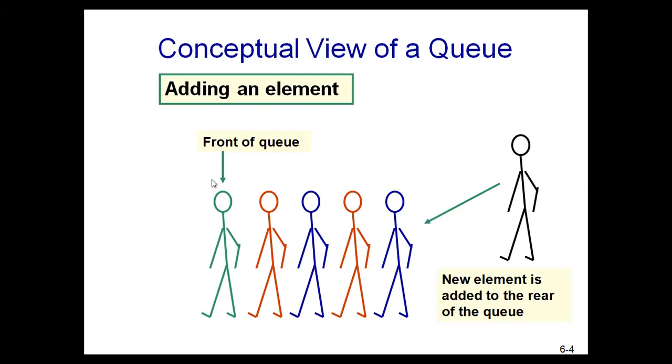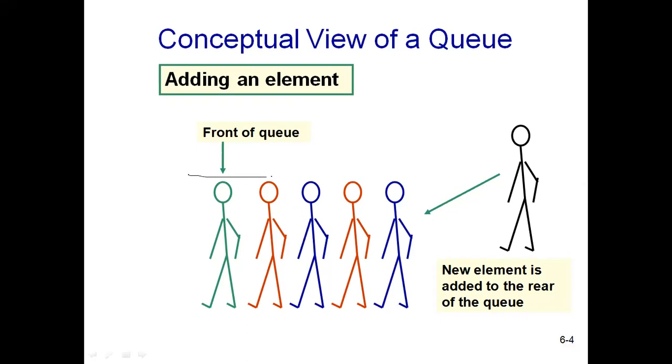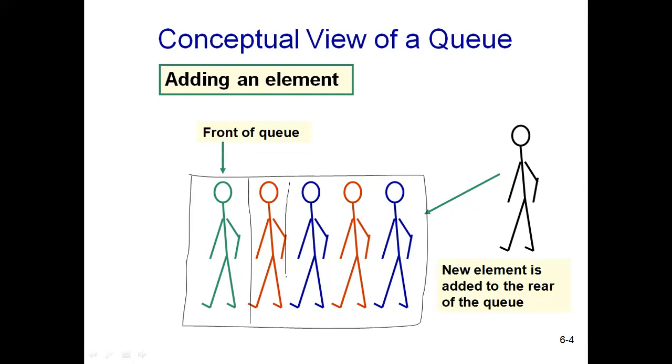Let us assume that this is a queue containing these elements. This is the front side of the queue, and this is the rear side, the back side of the queue.